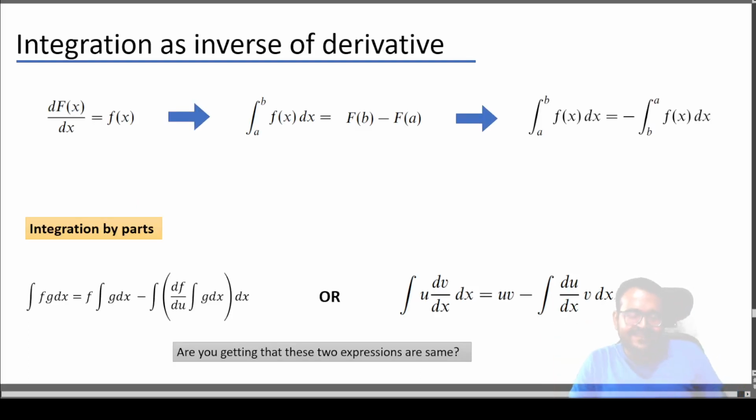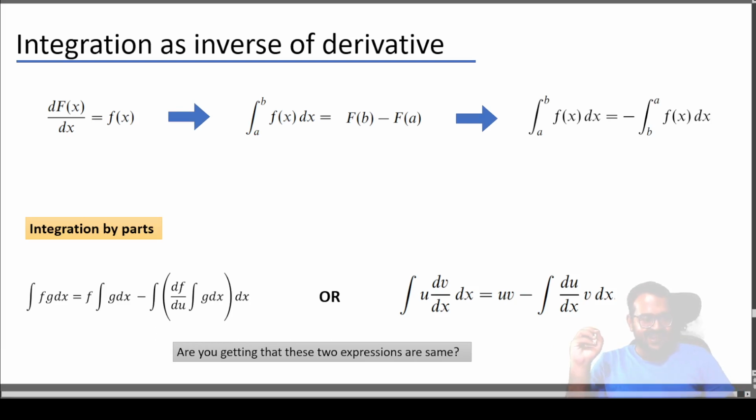Integration is also the inverse of the derivative. If you have your dF/dx, say this is the capital F, this is the small x. If you integrate it, f(x), this small f(x), you integrate this small f(x), you get F(b) minus F(a), capital F. Again, think about it.